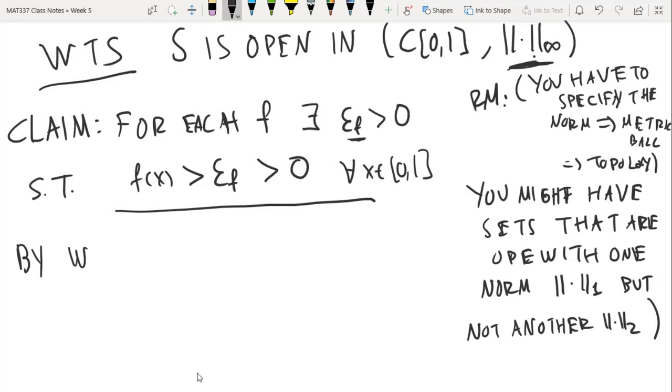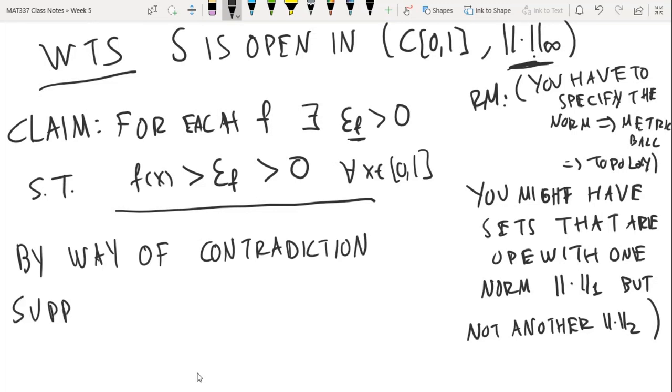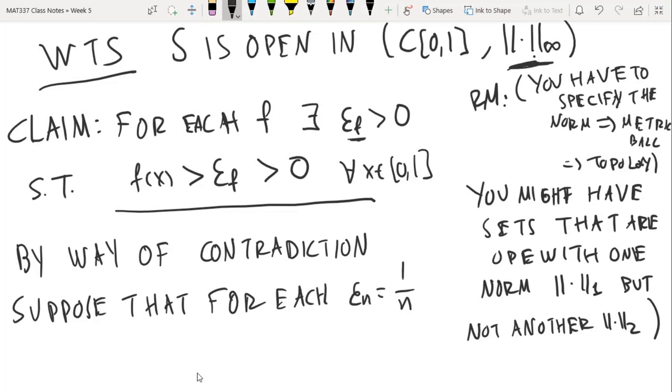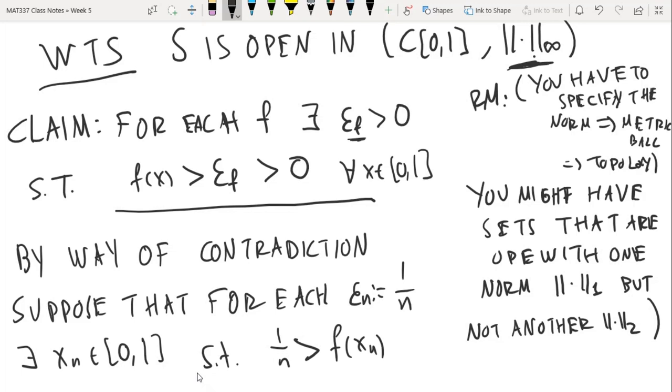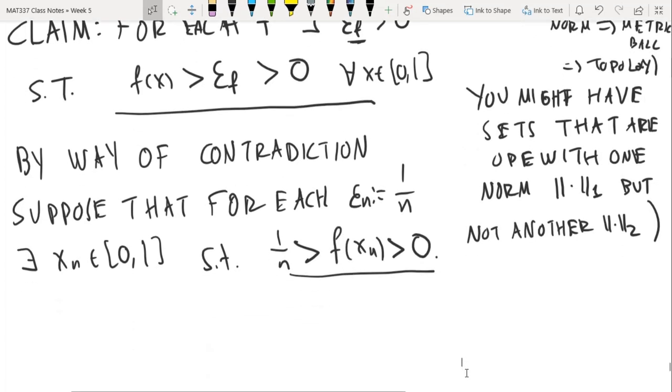By way of contradiction, suppose that for each epsilon n equal to 1 over n, there exists xn in [0, 1] such that f of xn is bounded by 1 over n, and yet f is still strictly positive. So the strictly positive will give a contradiction.